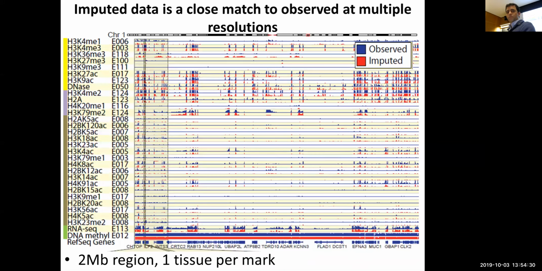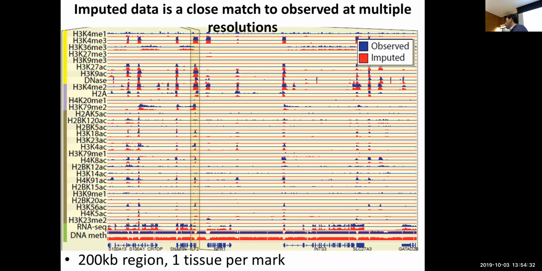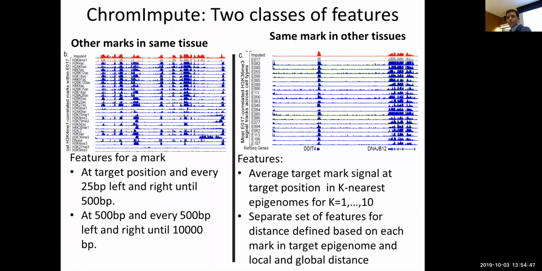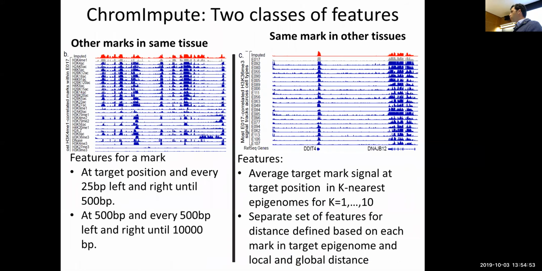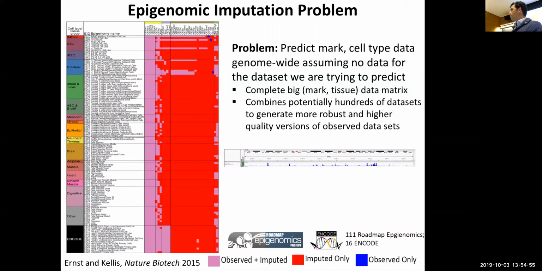Maybe I'm misunderstanding. It seems unlikely that you should have to impute so much of your data, right? Shouldn't you expect to observe a lot of marks in your cell types if your imputation shows that they should be there? So let me clarify what we're doing, and that's a great question, by the way. The reason why data is missing is because nobody did the experiment.